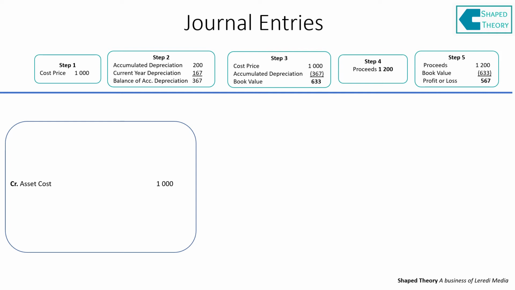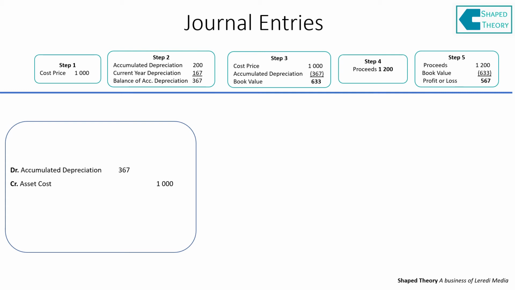In step 2, we determined that the accumulated depreciation is 367. We know that accumulated depreciation is an account with a credit balance. As a result, for us to reduce it, we will need to debit it. Therefore, we will debit the accumulated depreciation with the total amount of 367.